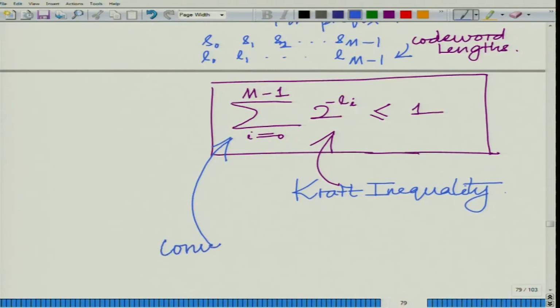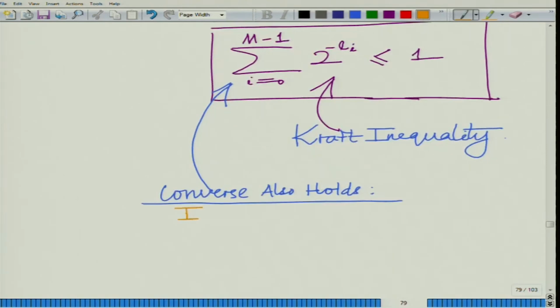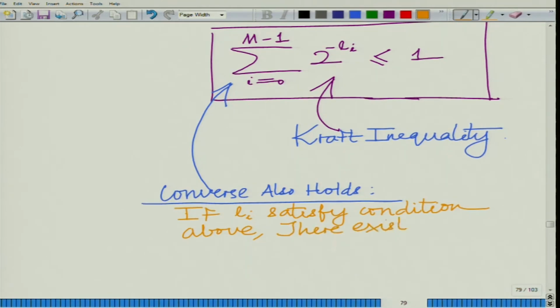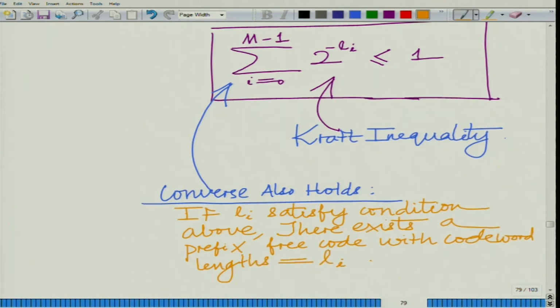The converse is also true: if lengths Li satisfy the condition above, there exists a prefix free code with code word lengths equal to Li. So, that is what the Kraft inequality tells us.